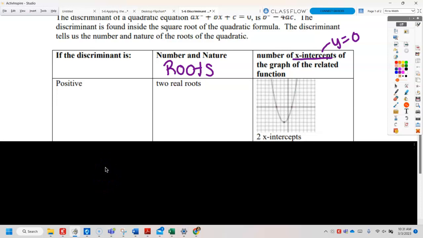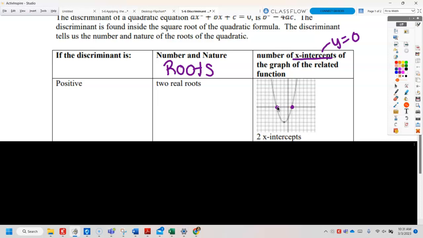If my discriminant is positive, then I will see two real roots. Those real roots are going to occur at the point when the graph crosses the x-axis.